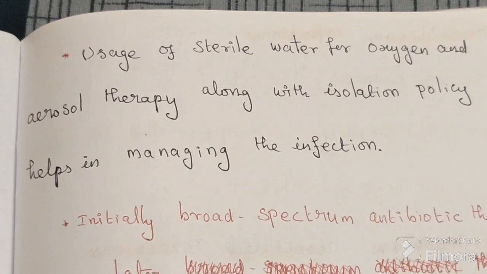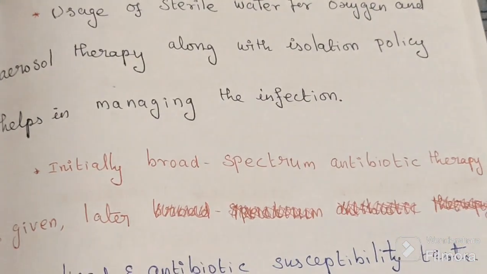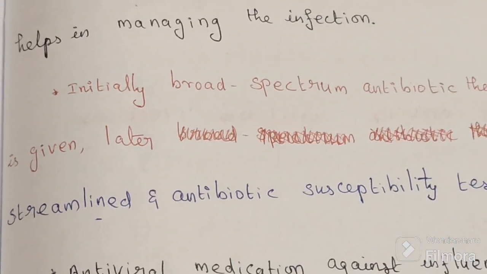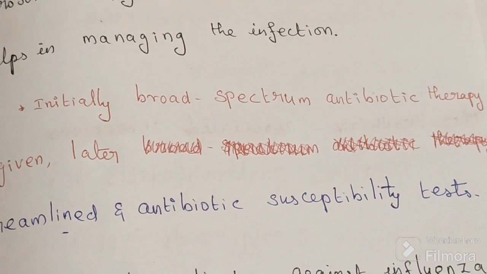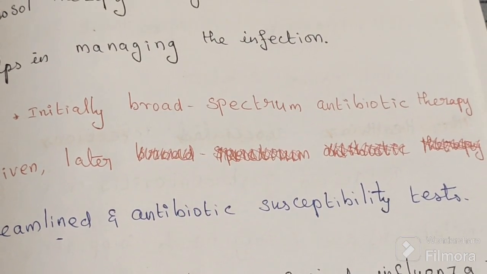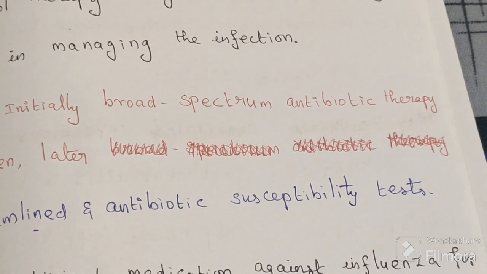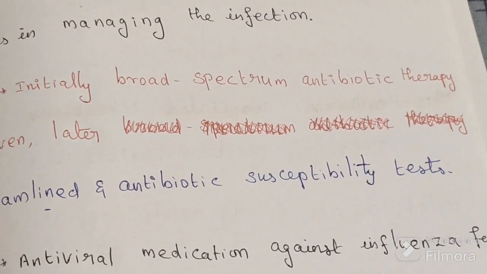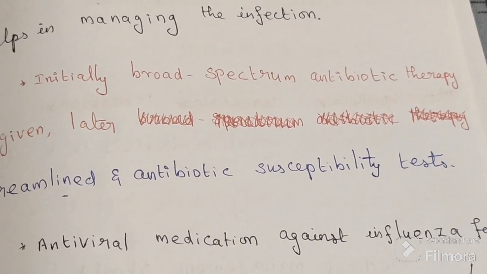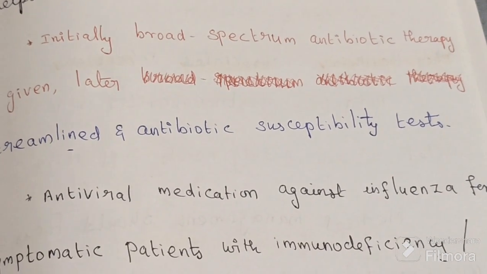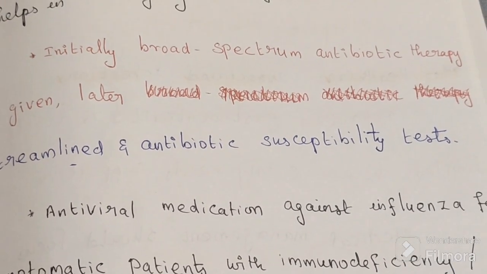Initially, broad spectrum antibiotic therapy is given, and later it is streamlined on the basis of the identified organism and antibiotic susceptibility test. Attention is given to the risk of multi-drug resistant pathogens.